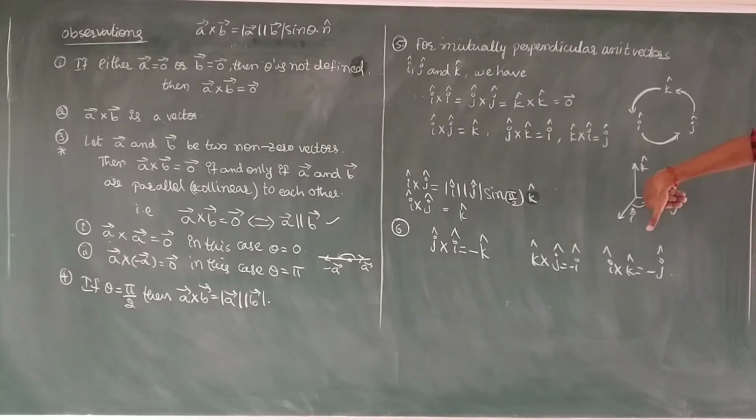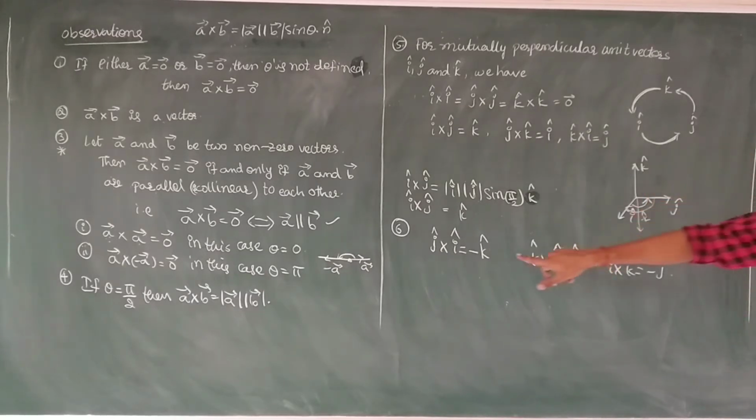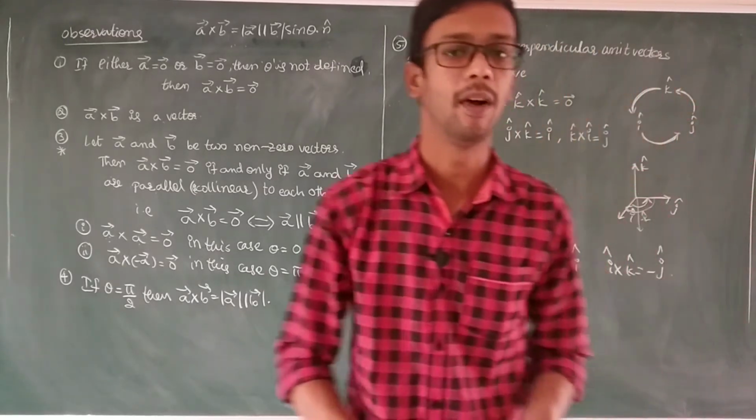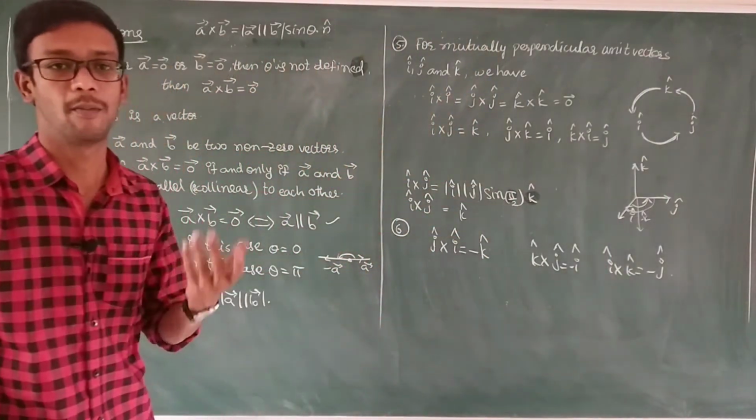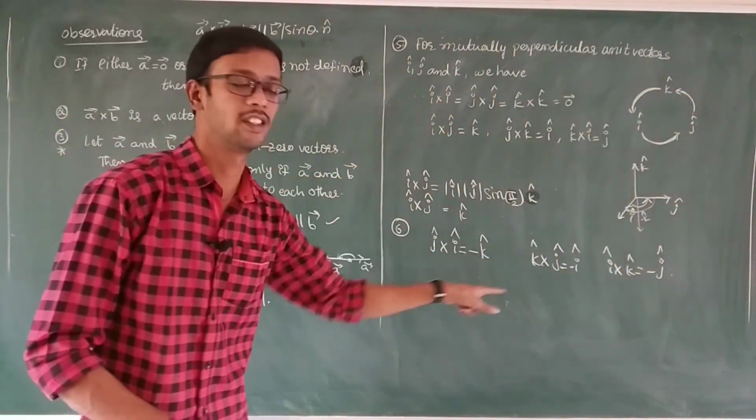J to K we are rotating, and the thumb represents the downside. The downside is nothing but the minus K cap. For reverse rotation we have to take this type. So the rotation shows the negative side, minus K cap. Here we have one more non-commutative property that I will discuss clearly.